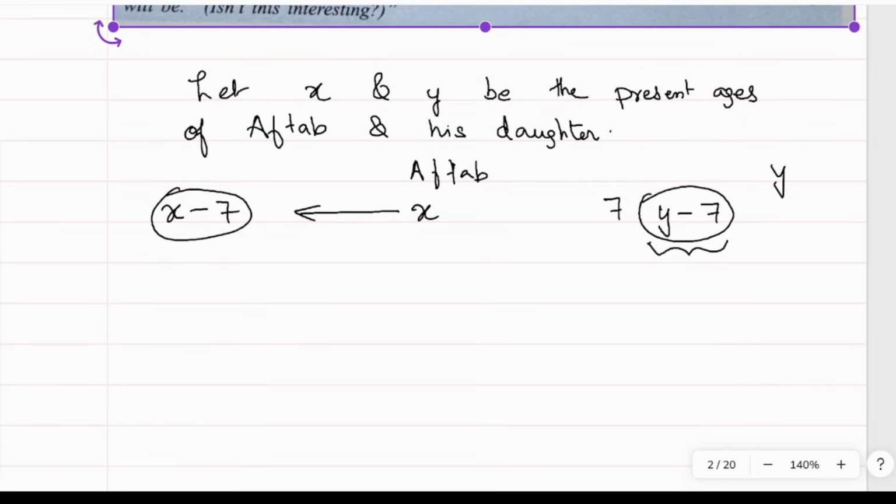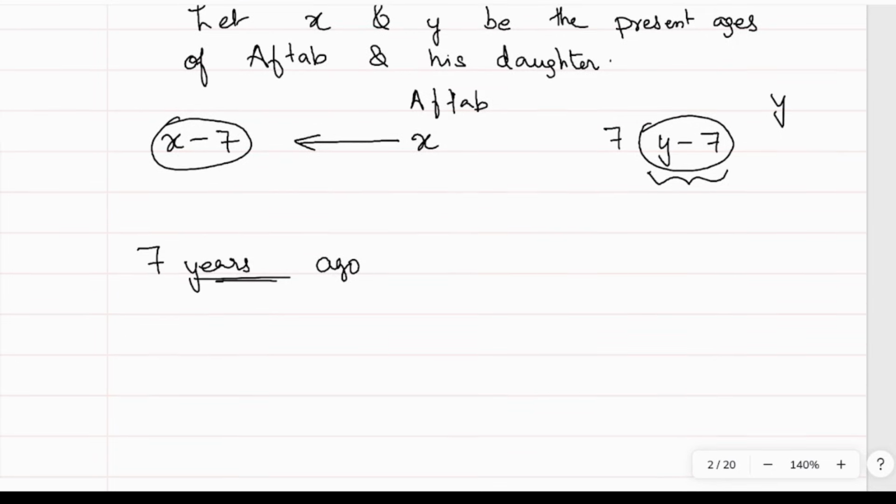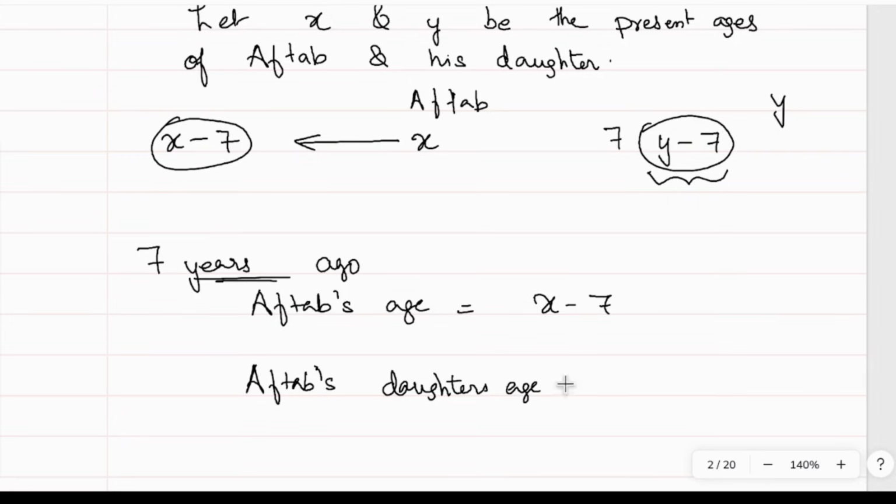Now, how to write it for the exam is, we have to first write the conditions 7 years ago. 7 years ago, Aftab's age is x minus 7, and Aftab's daughter's age is equal to y minus 7.